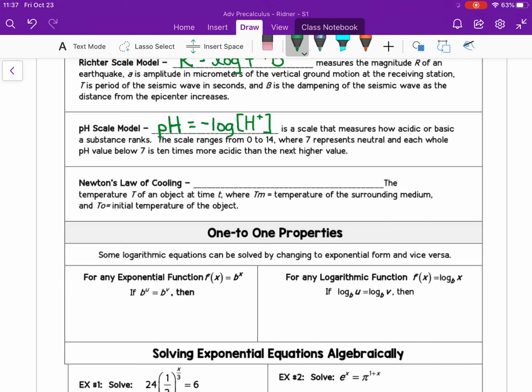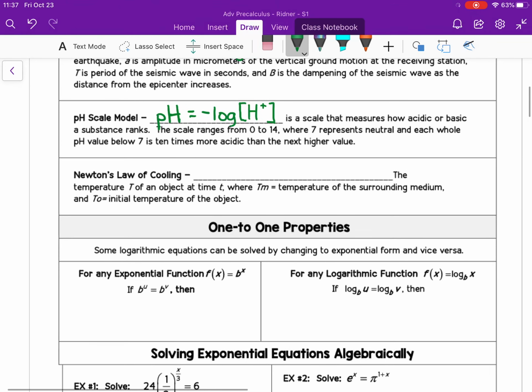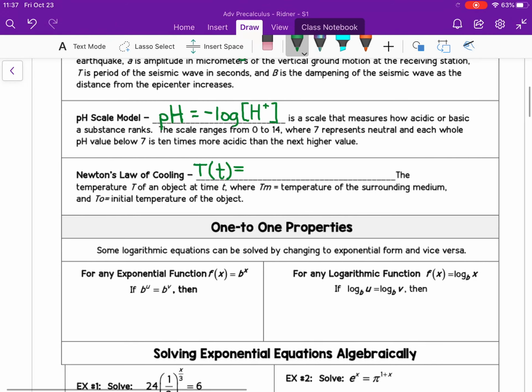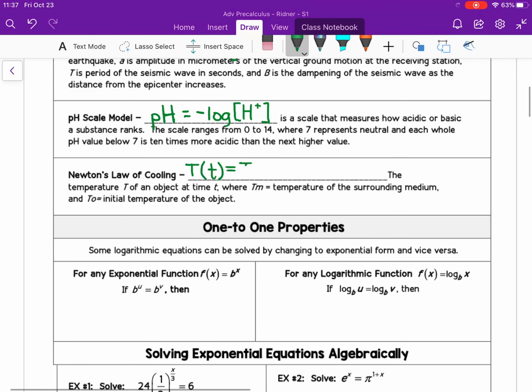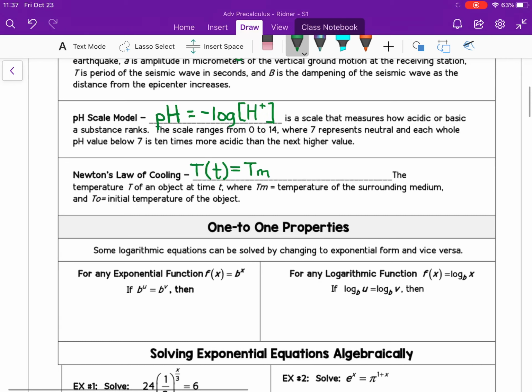All right, Newton's law of cooling. So that's saying I have a hot coffee, and I know the hot coffee is so many degrees hot, and I know that the degrees in the house, let's say, is 72 degrees. I can use a model like this to state how long it would take for that coffee to cool down.